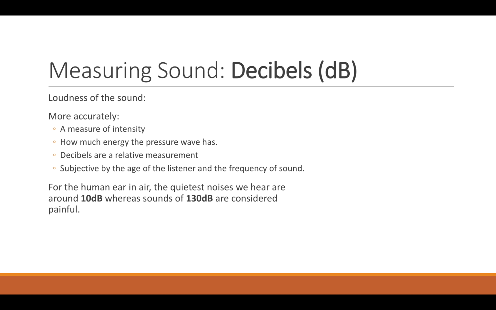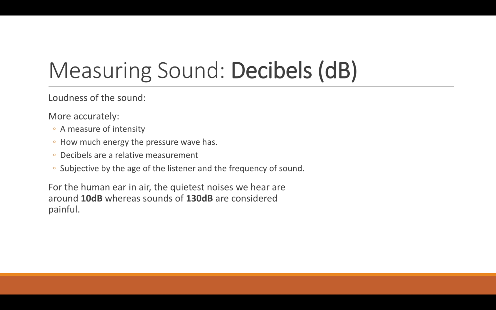Sound is actually perceived subjectively. The age of the listener and the frequency of the sound make a difference in how that sound is perceived by the human ear. So there's the cliche of older people with the TV on really loud, right? And I'm starting to be a part of that group.